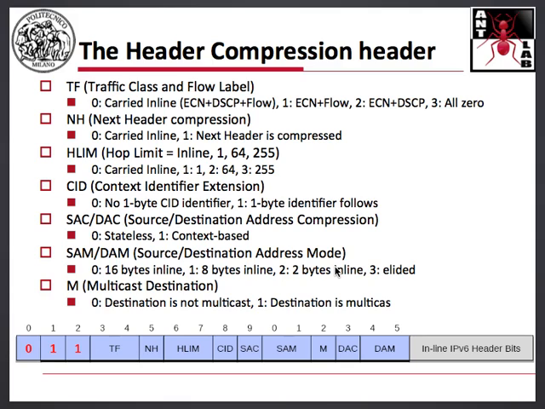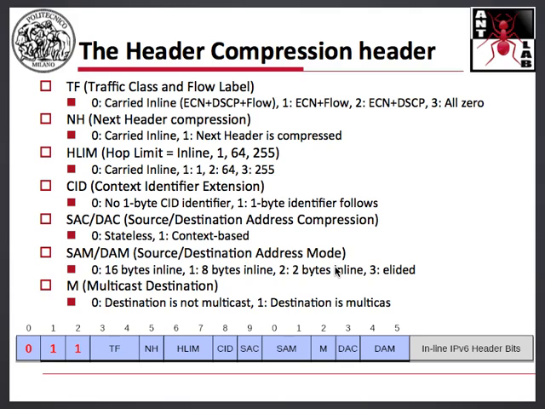I have a field here called next header, which refers to the next header field in the original IPv6 packet. I have a field called the hop limit field, which refers to the hop limit count in the original IPv6 header, and so on and so forth.